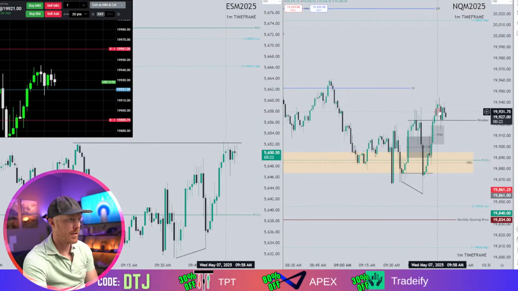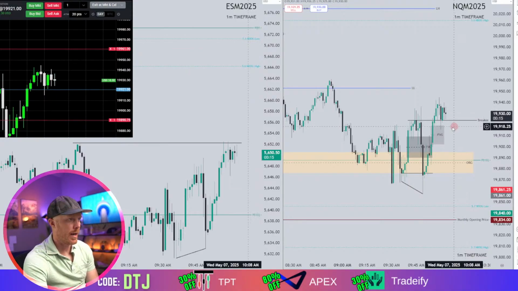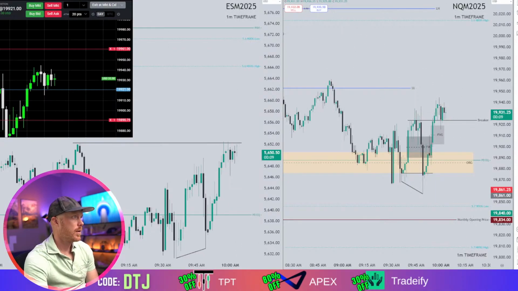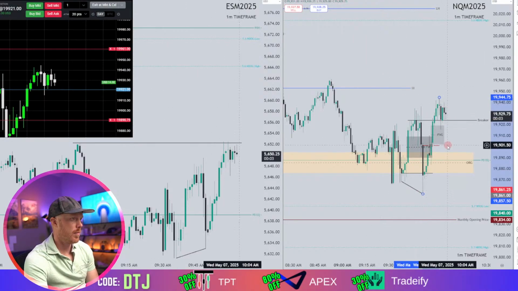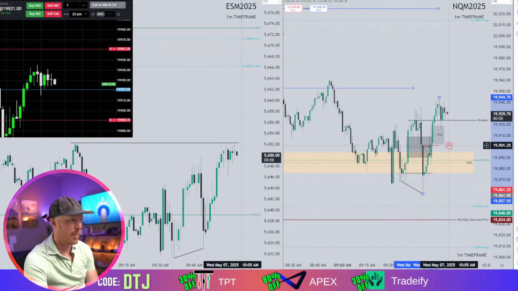I'm not a fan of this consolidating here. We really need to expand higher right now, or this is a sign of it kind of rolling over. How low it wants to go, I don't know. Midpoint equilibrium is just below the fair value gap, and that's right above where my stop's at.